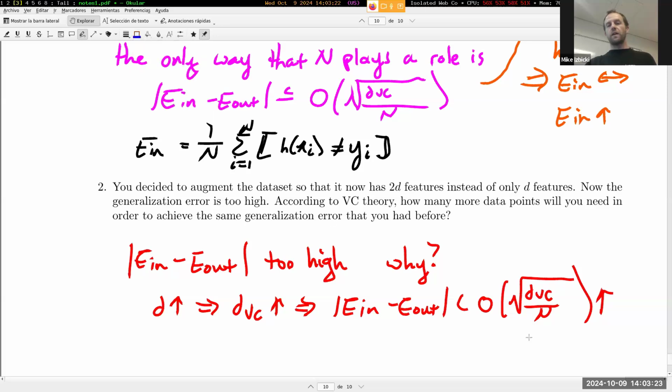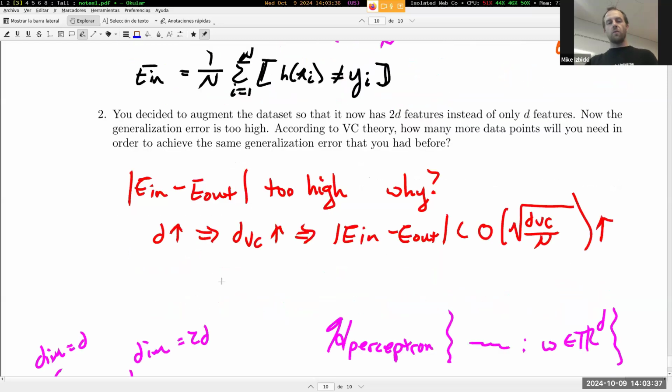Because the relationship between DVC and N is linear, that allows us to answer the last question in the problem: according to VC theory, how many more data points will you need to achieve the same generalization error that you had before? Well, if DVC increased by a factor of 2, that implies N needs to increase by a factor of 2 in order for this ratio to stay the same.